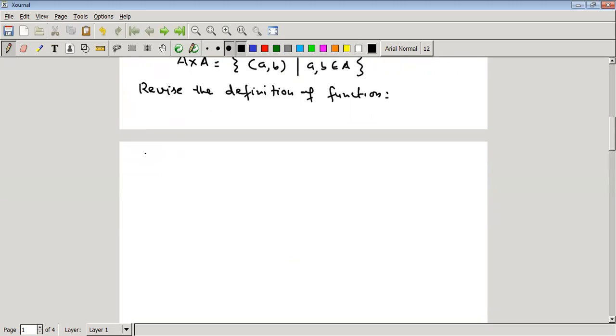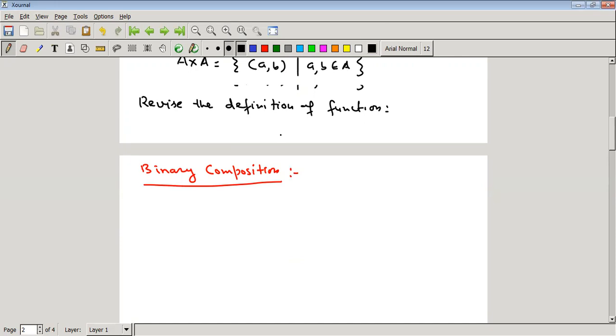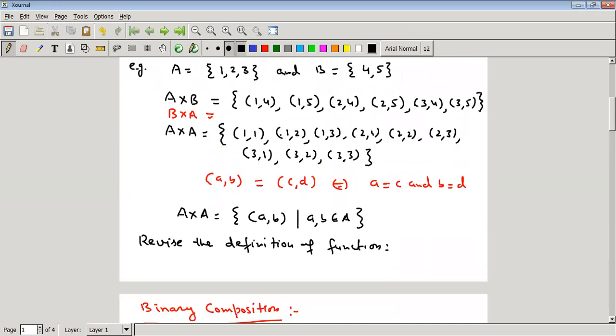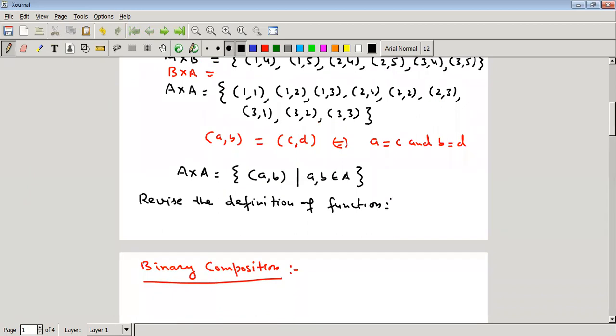So now come to the definition of binary composition. Up to this, I hope you understand how we define the Cartesian product. And the second important thing is that you have to go through the definition of function.